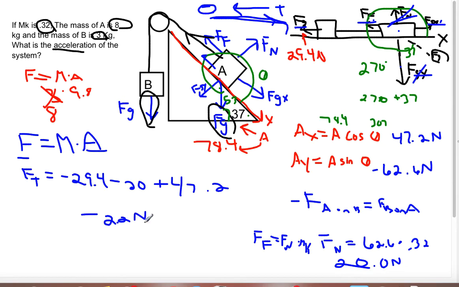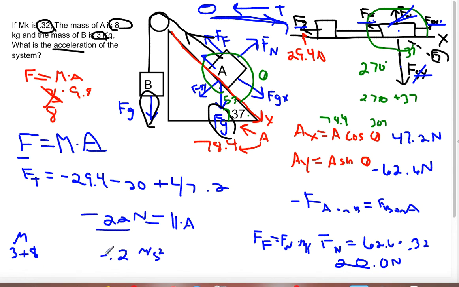So negative 2.2 newtons. My mass of this system is going to be 3 plus 8, since those are the masses of my two blocks. So F is equal to 11 times A. I can take negative 2.2 divided by 11 and find out that my blocks will be accelerating up the ramp at negative 0.2 meters per second squared.